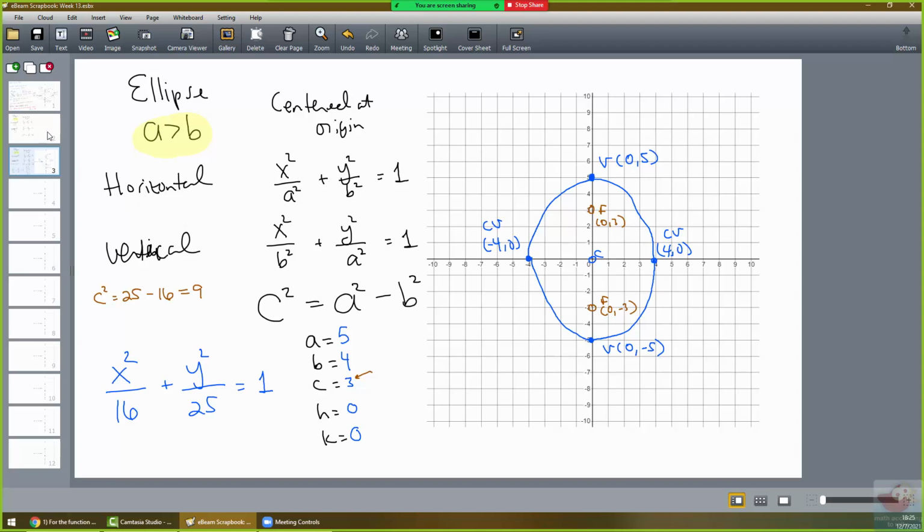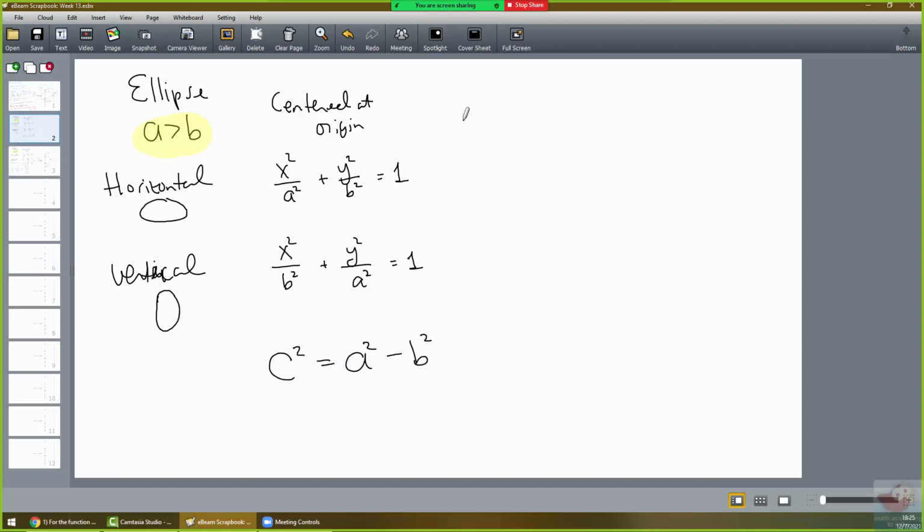Now the other half is, what if we're not centered at the origin? I'm going to go back a slide now. If we're centered at h, k, just like parabolas, just like circles, h is always with x, k is always with y.